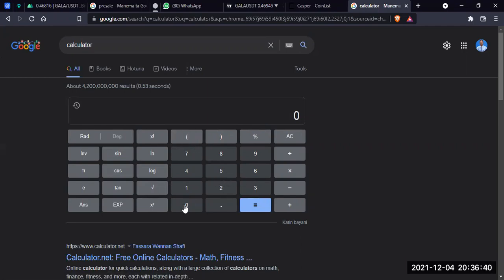Okay, let's say you bought this Casper at $100. That's 100 divided by the pre-sale price. The first one was 0.015. You'll be having a total quantity of 6,666 Casper. That is the quantity you have.